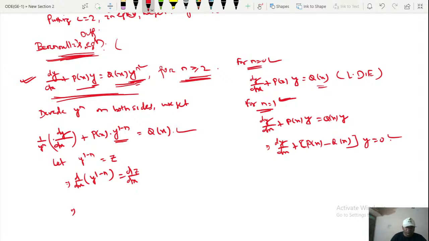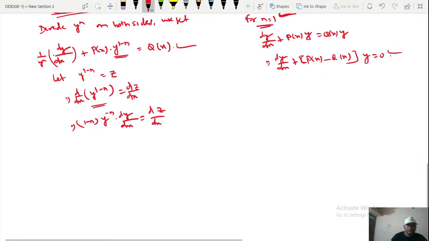So this is 1 minus n into y to the power 1 minus n minus 1, which is y to the power minus n, into dy by dx, and this is dz by dx.